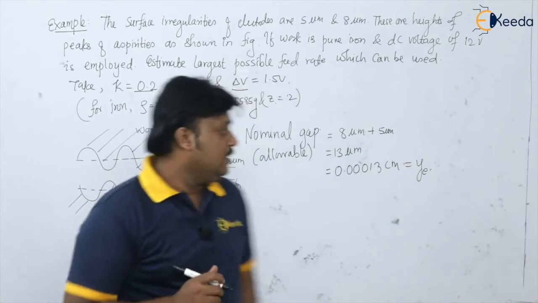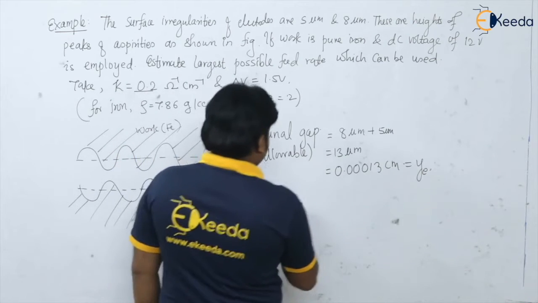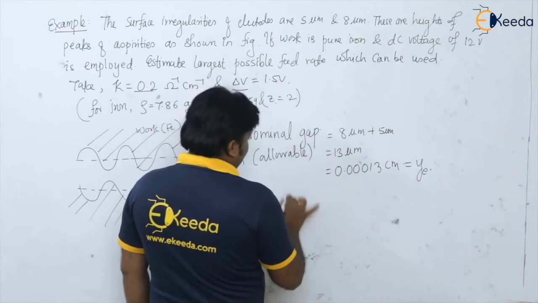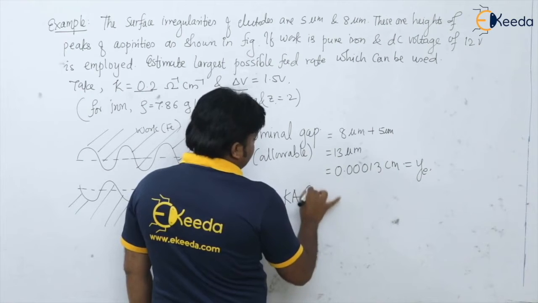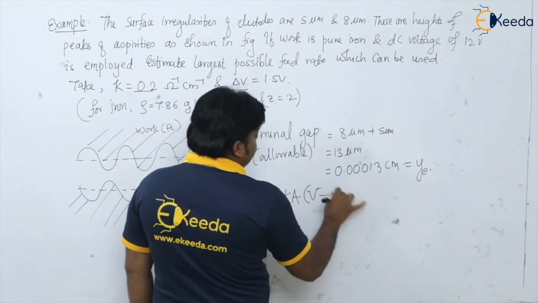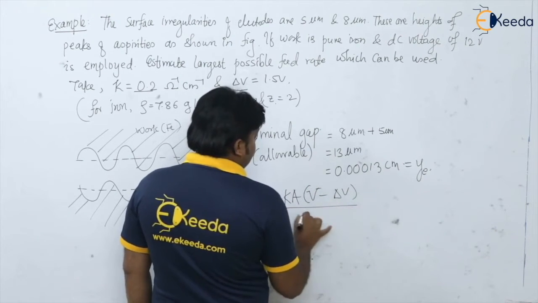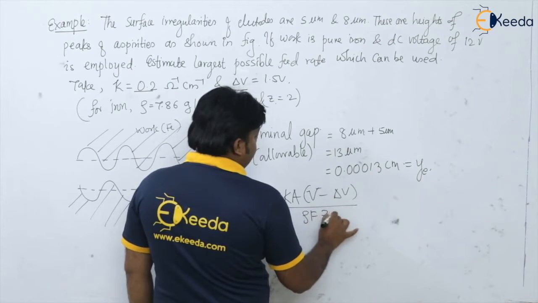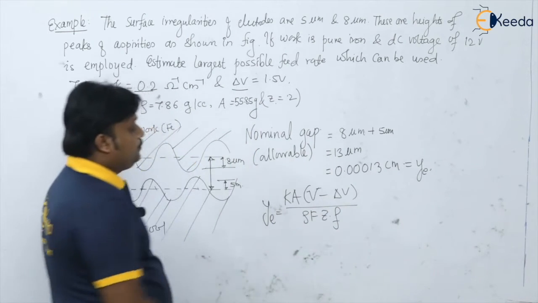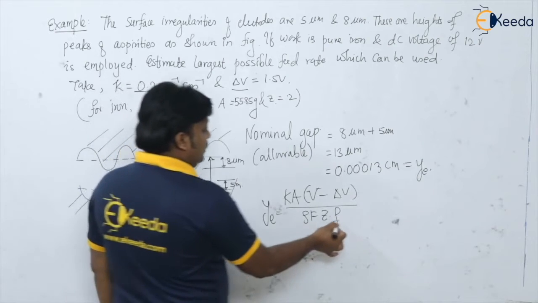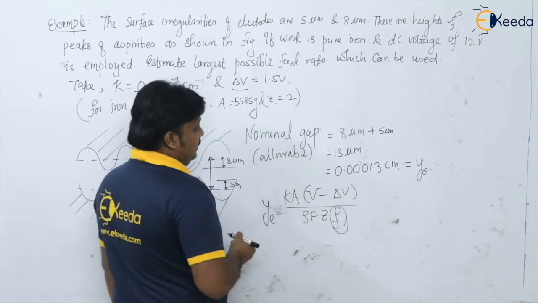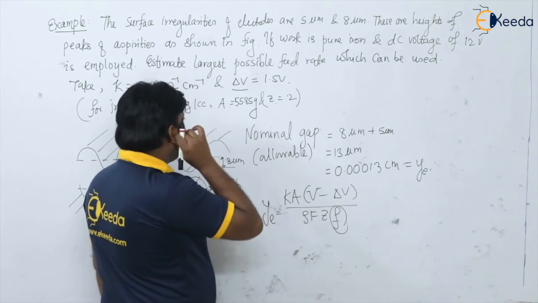And we know how to calculate this equilibrium gap. This YE is equal to K into A into bracket V minus delta V divided by rho FZ into F. So here they are asking for the feed rate, definitely feed rate in centimeter per second.